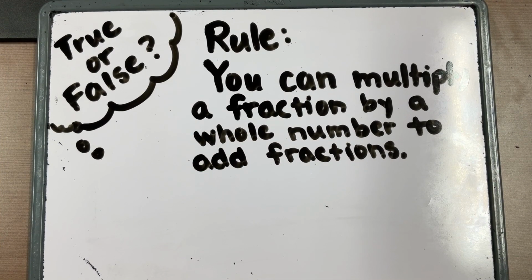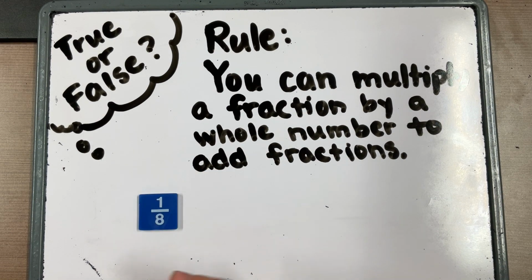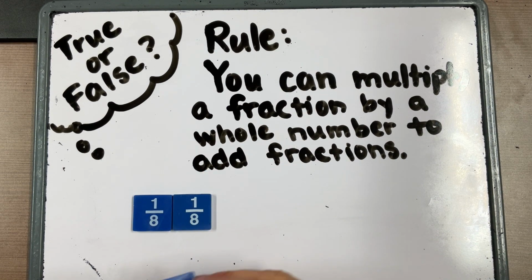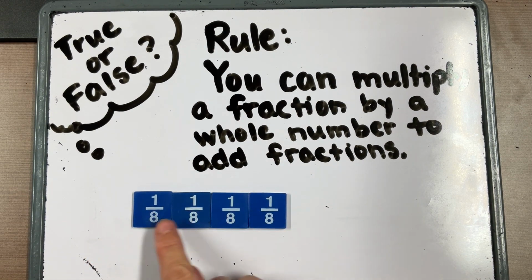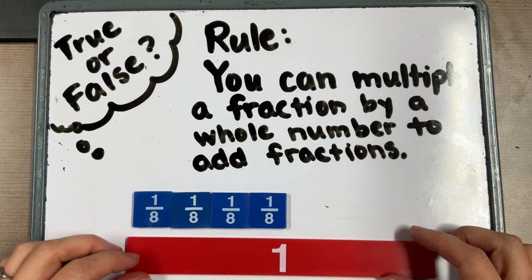A rule we can say is that you can multiply a fraction by a whole number to add fractions. For example, if I have 1/8 plus 1/8 plus 1/8 plus 1/8, I can see I have 4/8 of a whole.